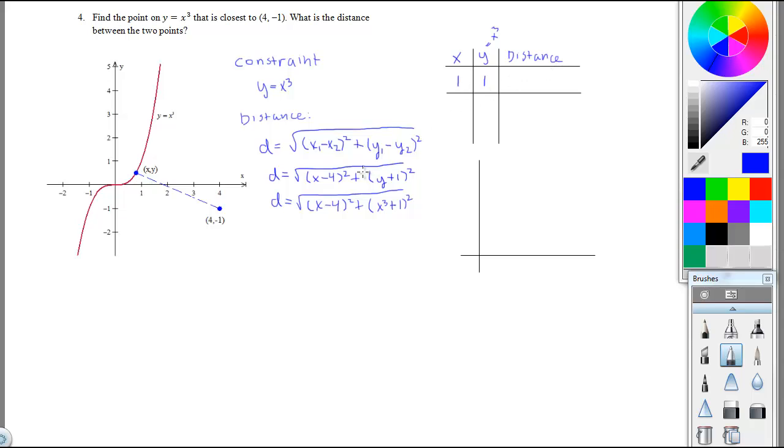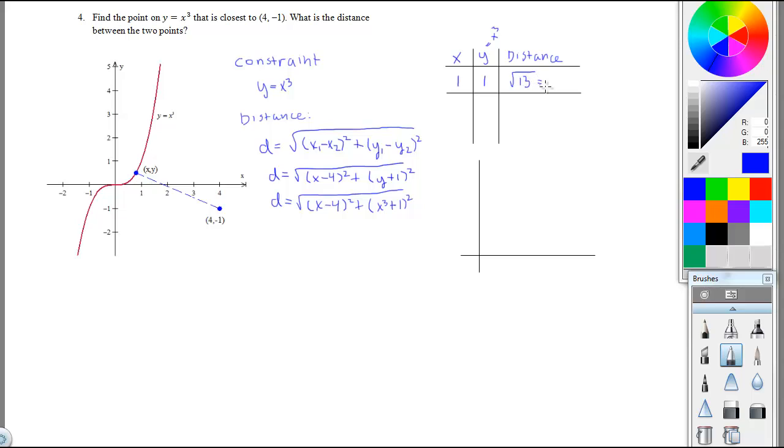And then this is the distance. So if x is 1 and y is 1, and I have this equation here, 1 minus 4 is 3, 3 squared is 9, and 1 plus 1 is 2, and 2 squared is 4, so this ends up being the square root of 9 plus 4, or the square root of 13.